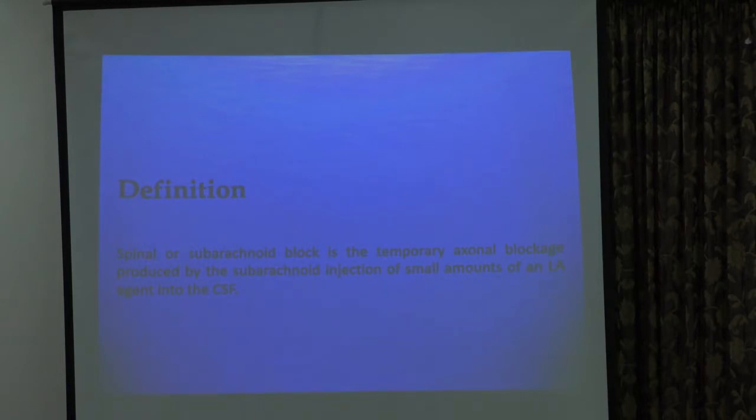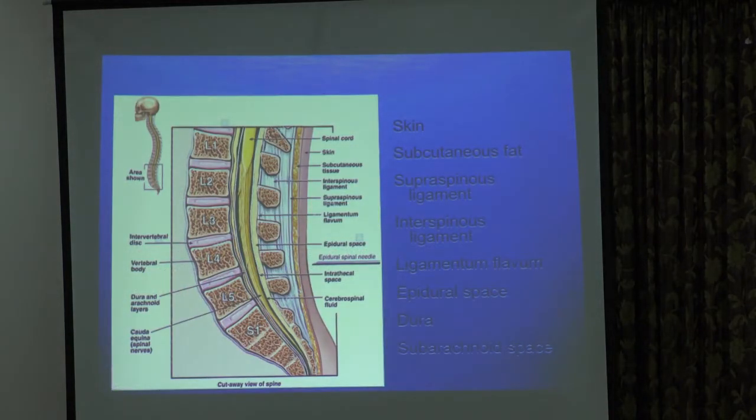Spinal anesthesia is where you introduce your local anesthetic into the subarachnoid space to block your spinal nerves. And this is also temporary, because you don't want it to be permanent.